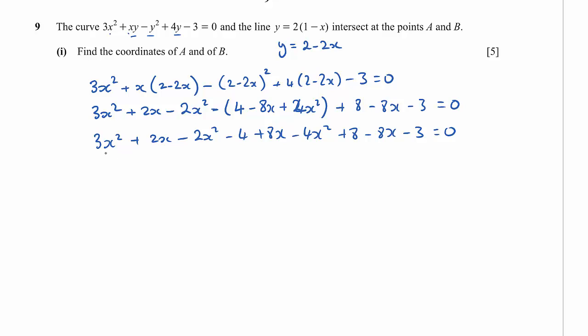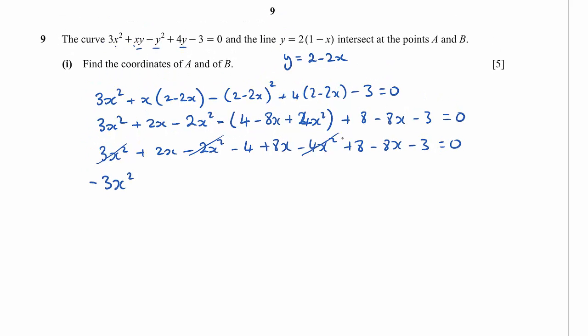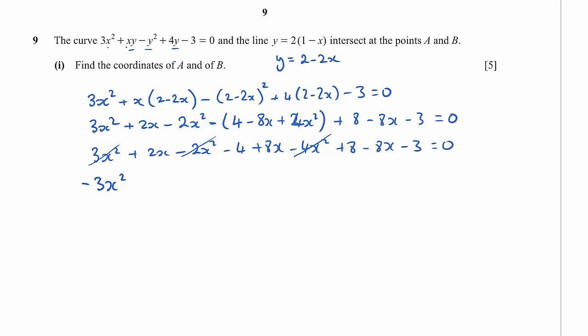So in x squareds, we've got 3, take away 2, take away 4. So that's 3 take away 6, so that's minus 3x squareds. So that's my x squareds dealt with. Let's just cross those off since we've dealt with them. And then x's, we've got 2 and 8, that's 10, take away 8, so that's positive 2x's.